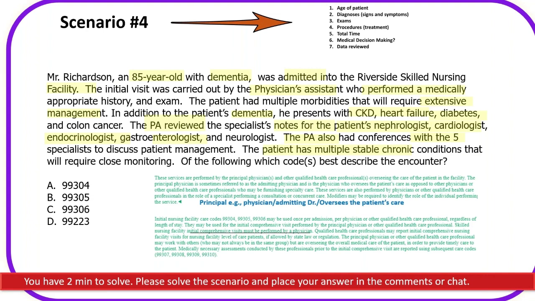The code for a comprehensive nursing facility visit performed by a physician assistant in 2023 depends on a few factors, including the specific service provided, the payer, and the coding guidelines. Typically, the CPT code would be 99304, 99305, or 99306. However, in 2023, the guideline stipulates that only a physician may carry out the comprehensive visits for a skilled nursing facility.